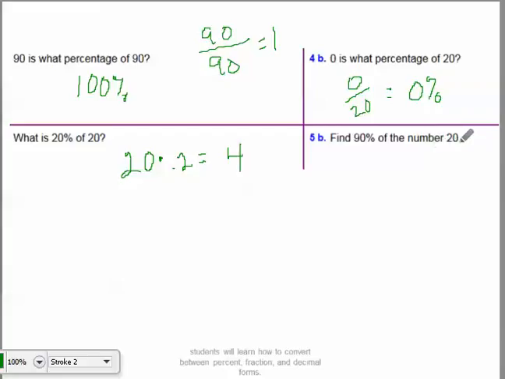Find 90% of the number 20. So I'm going to take 20 times 0.9. And I'm going to get 18. That's that easy. That's all there is to these.